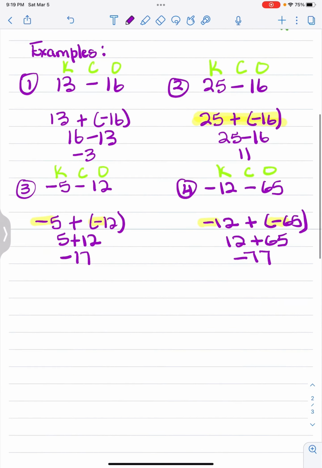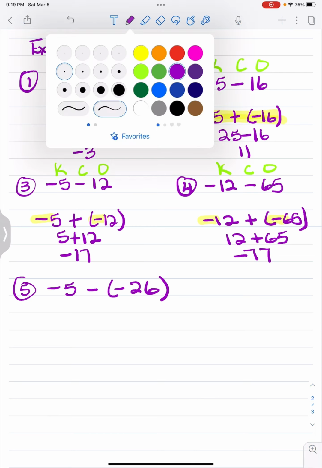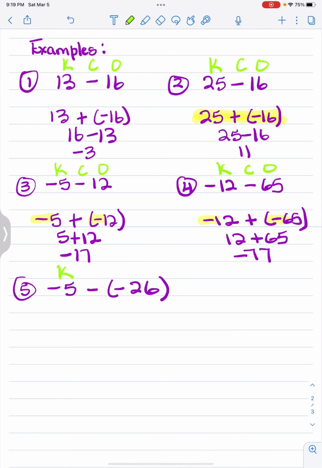Let's look at another example. Negative 5 minus negative 26. Use your acronym K, C, O. Keep, change, opposite.